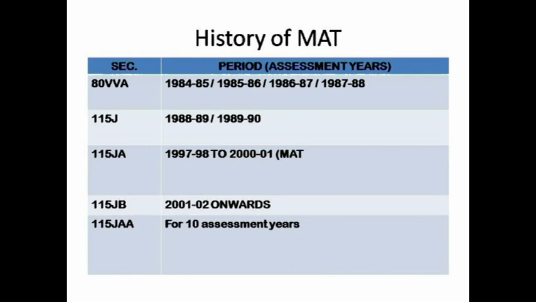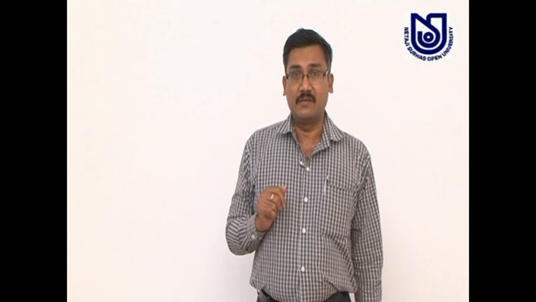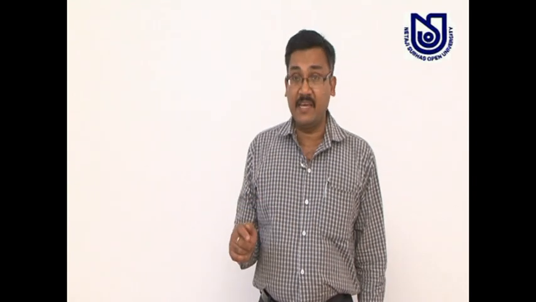Again, the tax provisions were amended. From the assessment year 1997-98, section 115JA was introduced, and according to section 115JA, we have to compute two figures: the total income and 30% of the book profit.